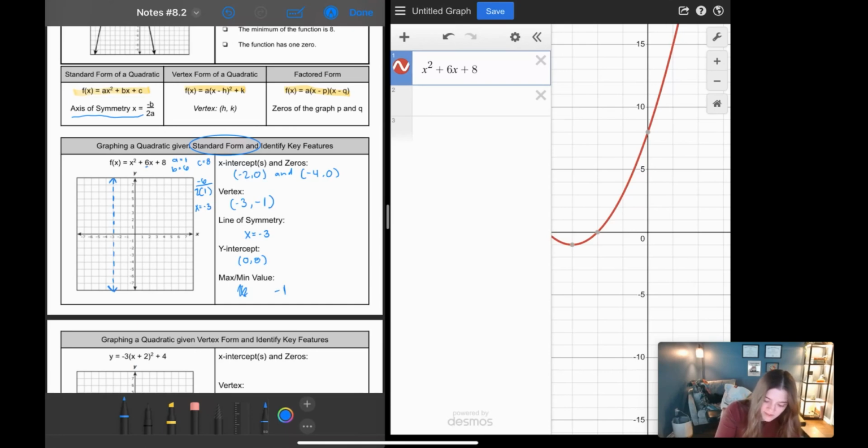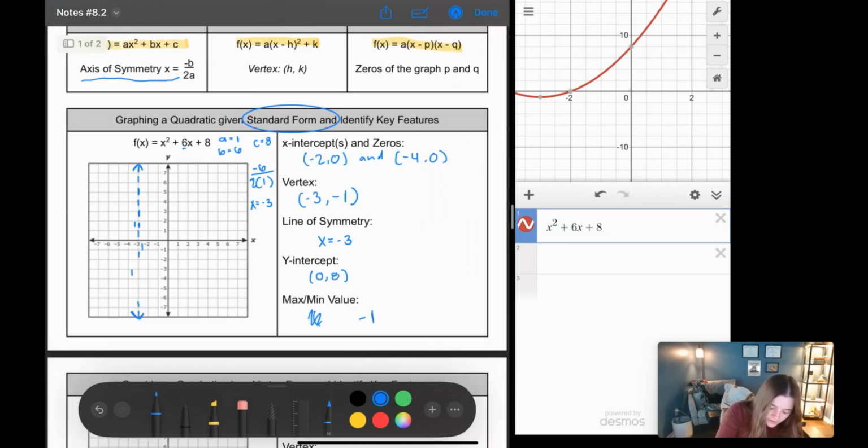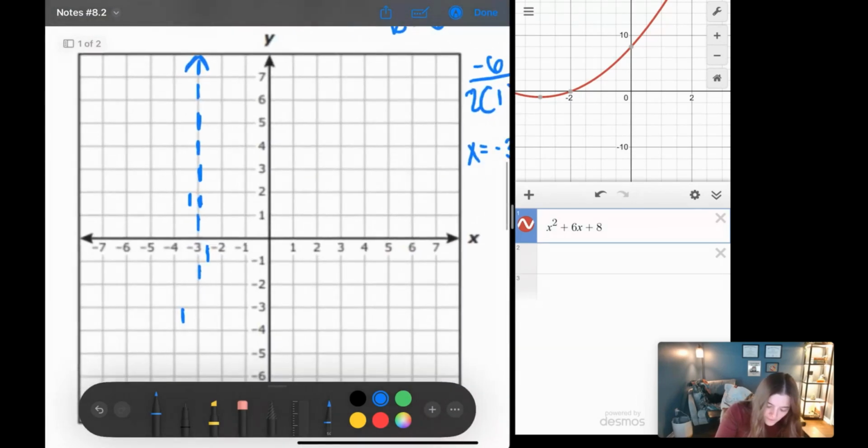So, based off everything I was just given, if my vertex is at -3, -1, it's right here. Oh, let me zoom in a little bit here. As you can see, my lines got a little crazy, but that's okay. -3, -1 right there. Okay.